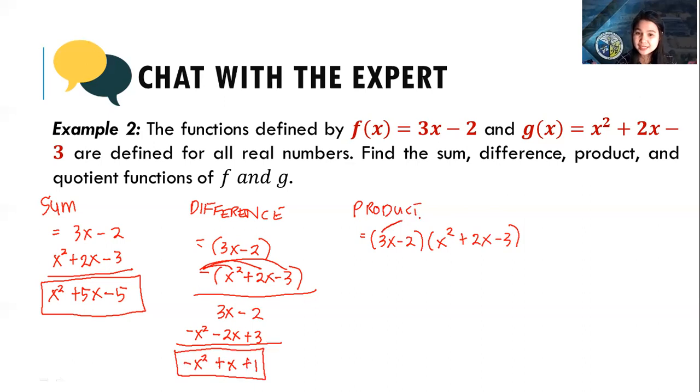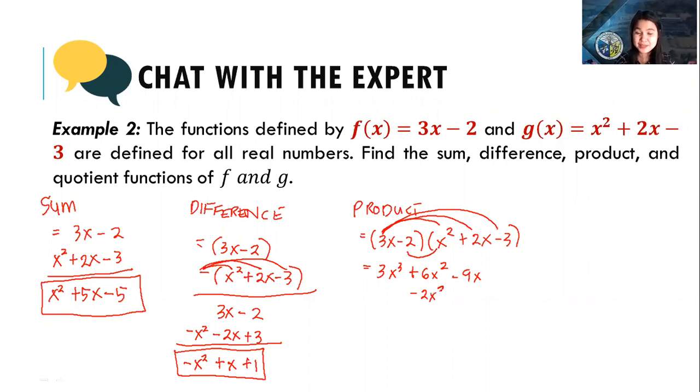So 3x times x squared, that's 3x cubed. 3x times 2x, we have 6x squared. 3x times negative 3, that's negative 9x. Next, negative 2 times x squared, that's negative 2x squared.